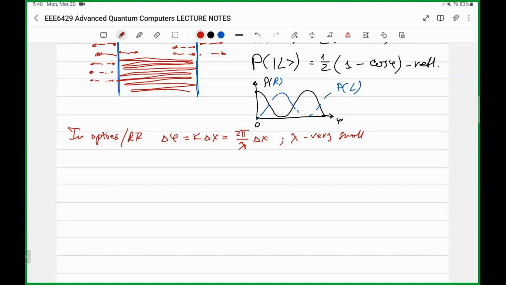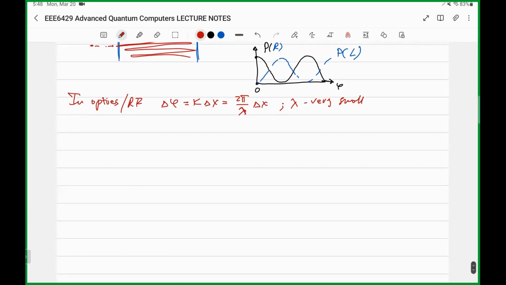So the variation is extremely small, but this variation creates a finite delta phi, and this delta phi changes the interference pattern significantly, so we can easily detect this change.